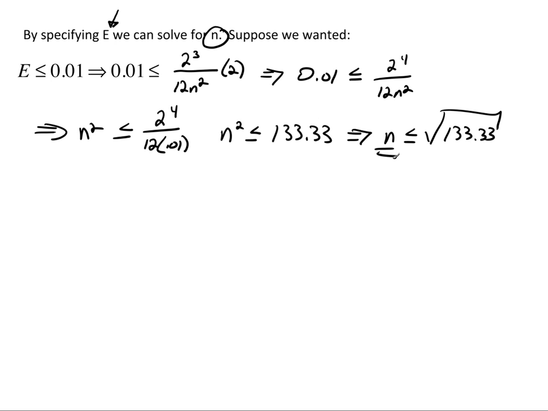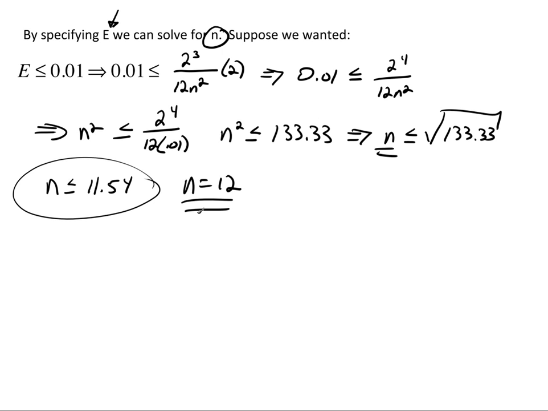Remember, I want n, not n squared. So I need n to be less than or equal to 11.54. So what that's really telling me is I need n to be 12. If I set n to 12, then I redo the trapezoid error, I would be guaranteed that my error will be no more than 0.01.